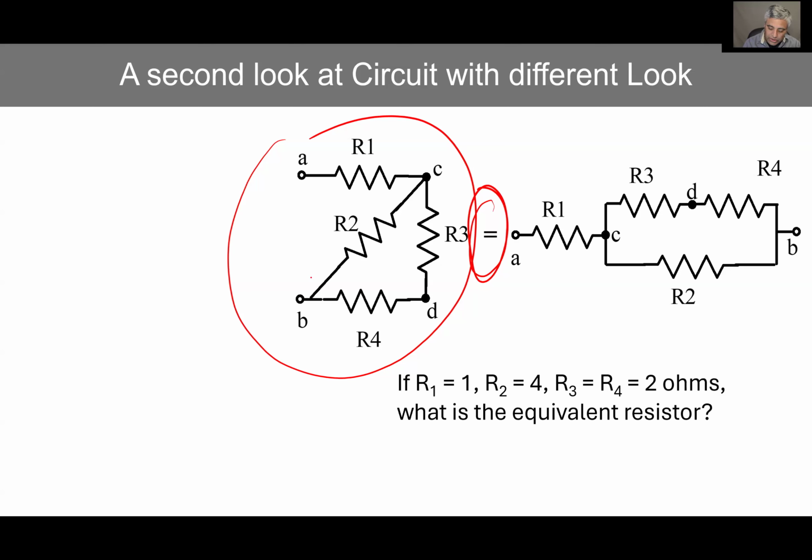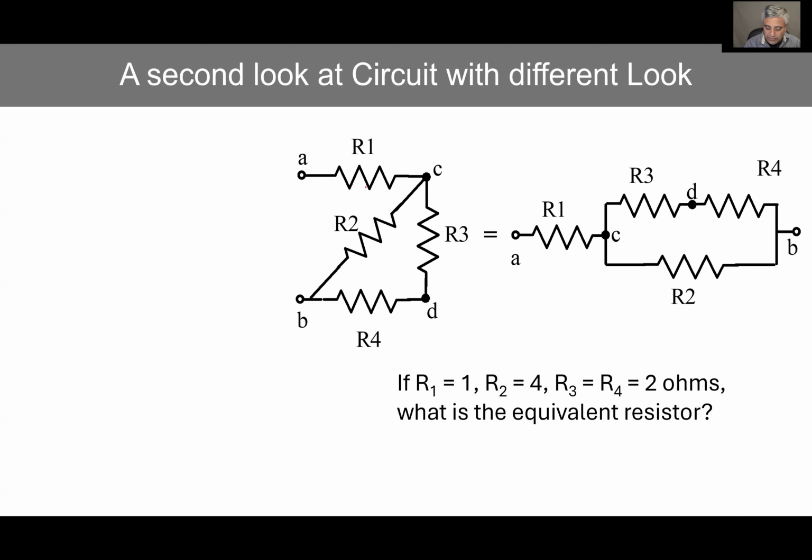If I stretch this and bring these to this side, what do we see here? This is in series with all of these, because that's how the current is going to come and branch from there and then eventually recombine.